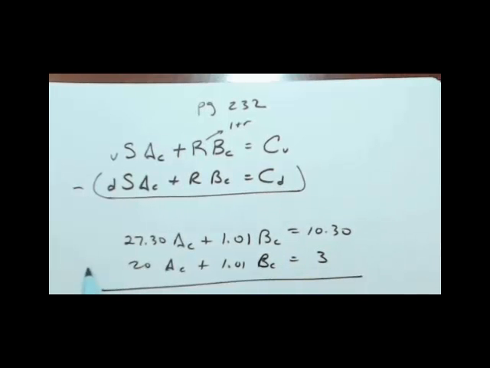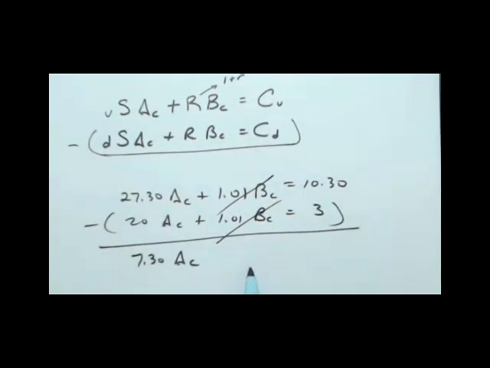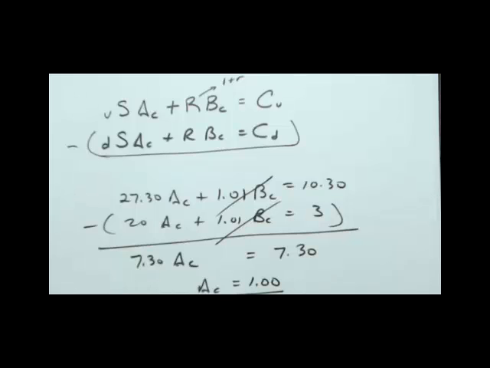So I'm going to subtract these two. And I'm going to get 7.30 delta C. These two guys cancel when you subtract them out. 7.30 delta C equals 7.30, so delta C equals 1.0. That looked familiar. We got the same answer a few minutes ago.